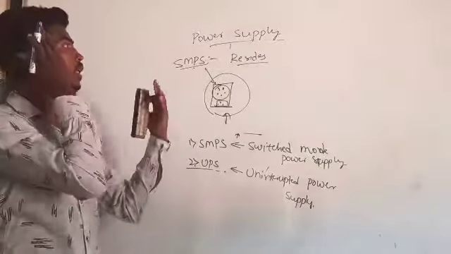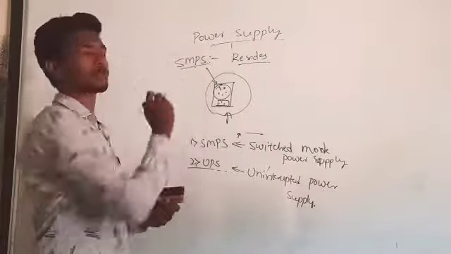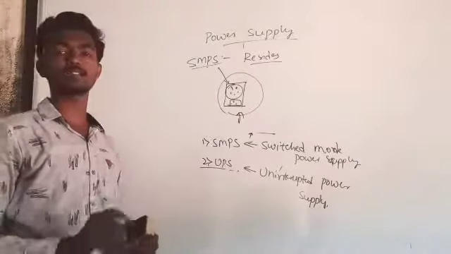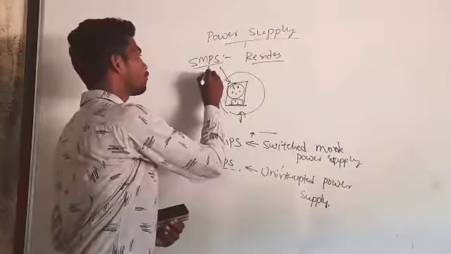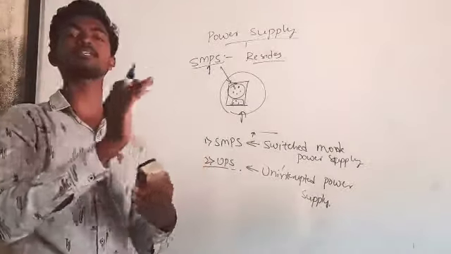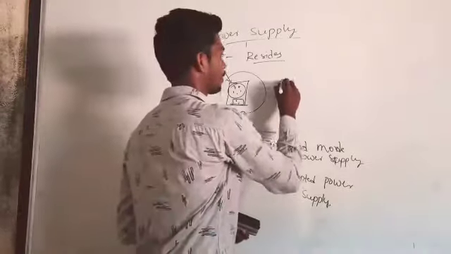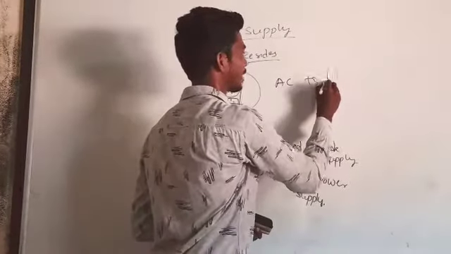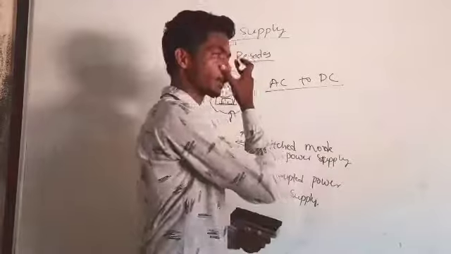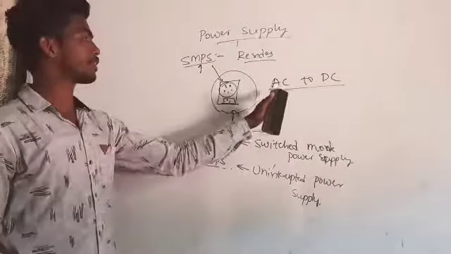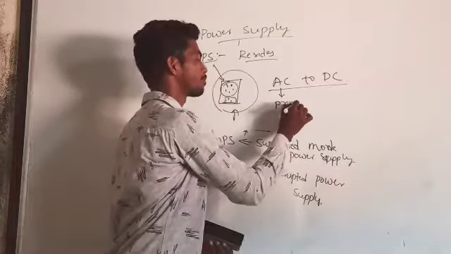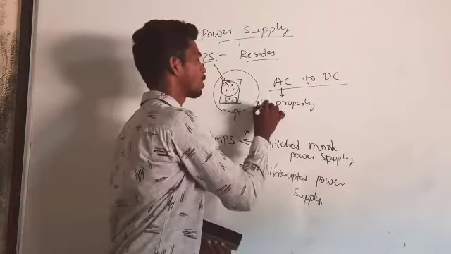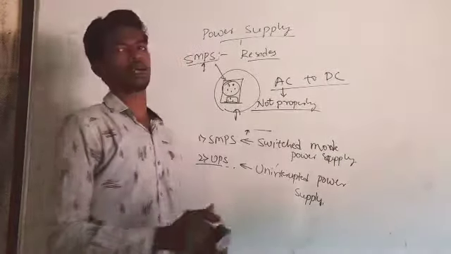It is one type of power supply to the computer, expanded as switched mode power supply, and it helps in converting the AC current into DC, that is, alternating current to direct current. AC will not work properly for any electronic device.